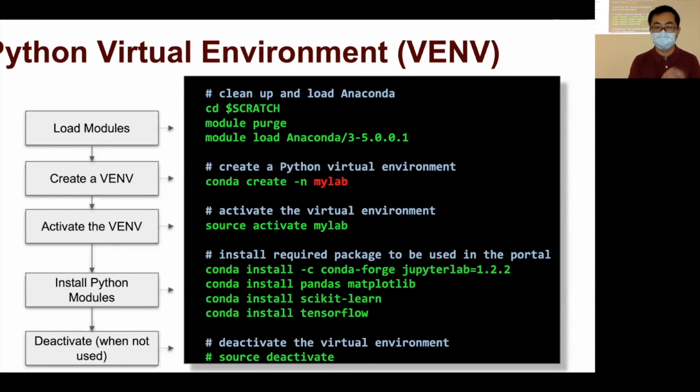You create a virtual environment and install, for example, the libraries you need into it, so you can run your jobs in the virtual environment. Also, a virtual environment is isolated, so if you have one version of a package in this virtual environment, it won't affect your packages in another virtual environment. So that's a good thing.